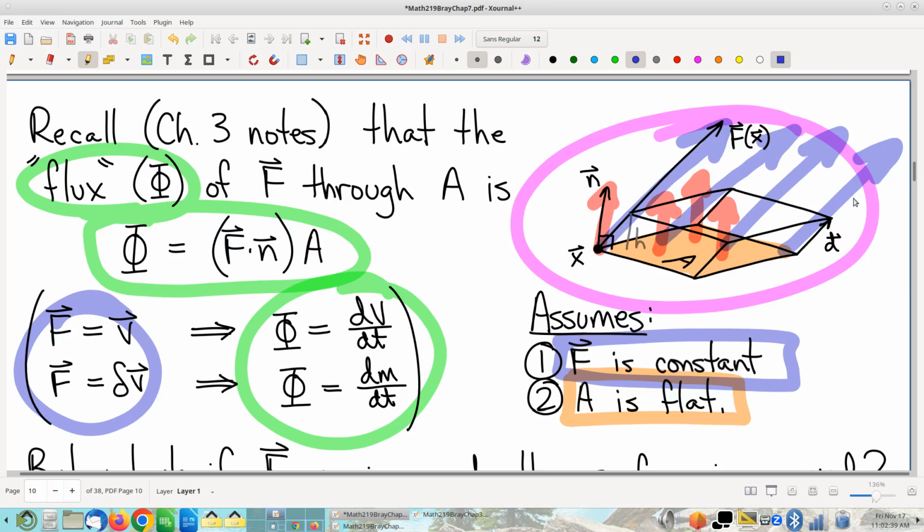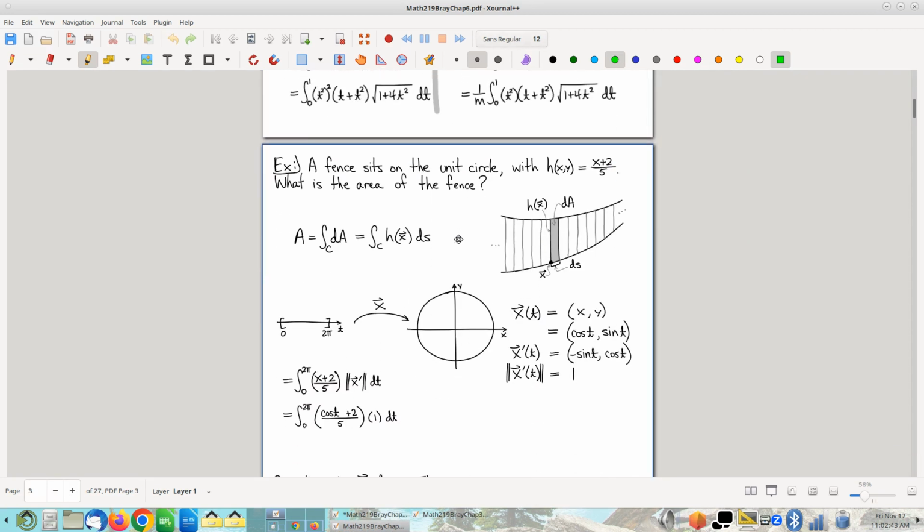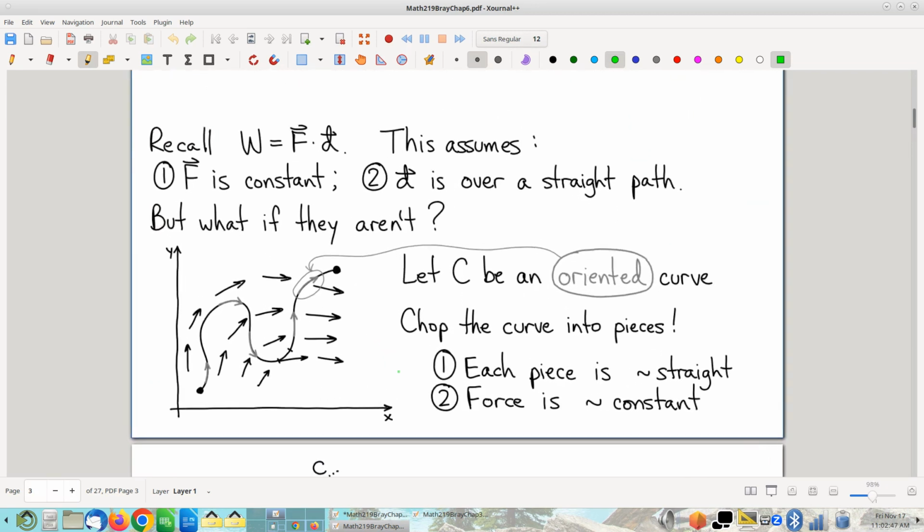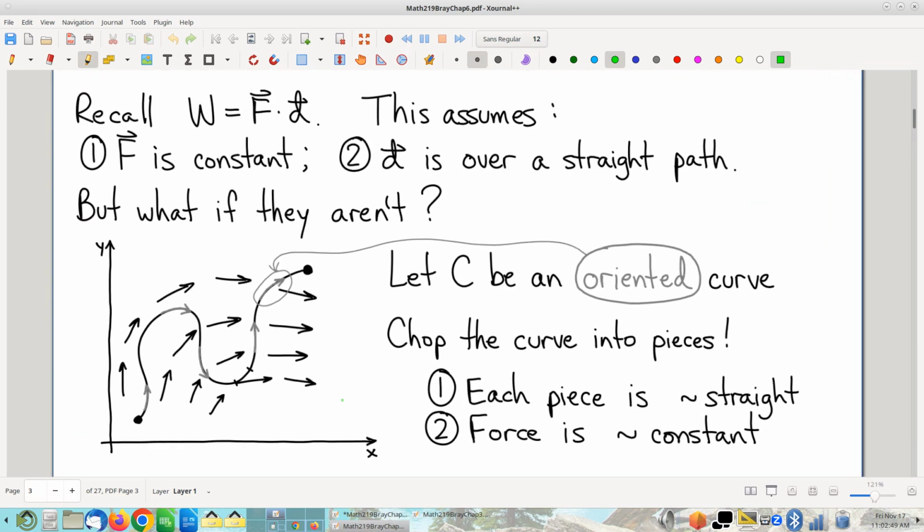Now, a real quick reminder, and I like to keep track of the analogies as we go along. Recall when we first started talking about line integrals, and we considered the work computation. We have this very handy little dot product formula for how to compute work, but it assumes the field is constant and the displacement was flat. Straight line.